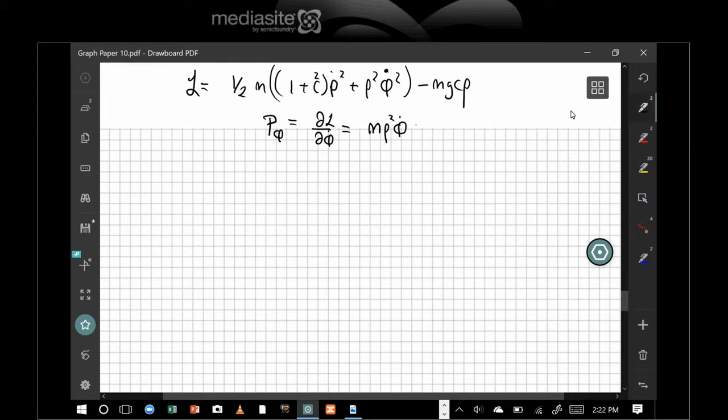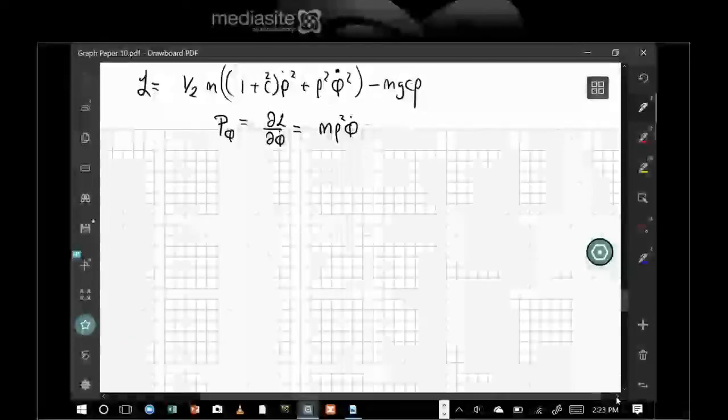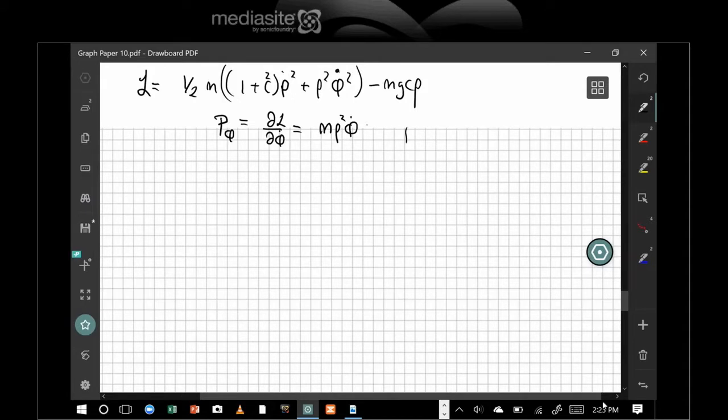Let me do it on the side here. So p sub rho is equal to partial L with respect to rho dot. And that's going to give me m times (1 plus c squared) rho dot. Okay, so now I have my generalized momenta.